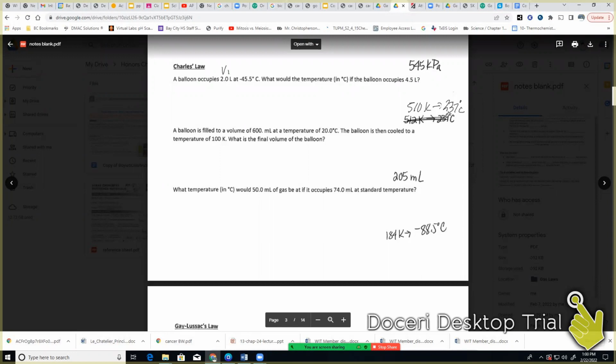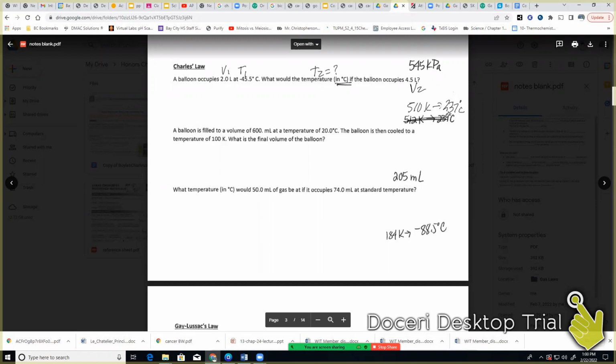So that's my V1 and my T1. What would the temperature be in Celsius? So that means T2 is my unknown. If the balloon occupies 4.5 liters, that's my V2.